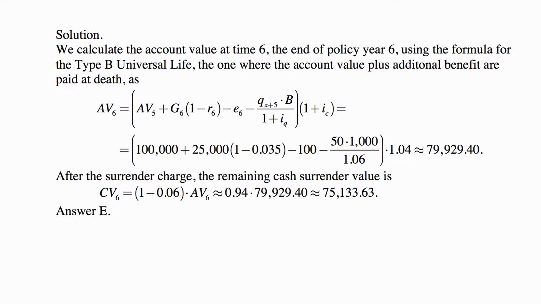The account value at time 6 is the account value at time 5 plus the premium for the 6th policy year after expenses for the premium, minus flat expenses that are not a percentage of premium, minus cost of insurance discounted at the beginning of the year at the rate used for that discounting, and then everything accumulated at the credited rate, the rate that is paid to the account for the account value purposes.